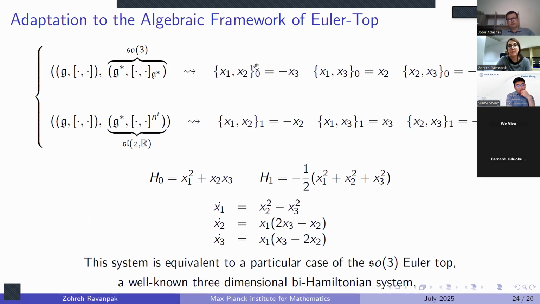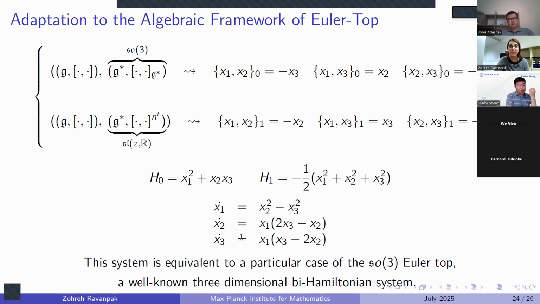So we can consider these two linear Poisson structures associated to SO3 and SL2R on an abelian Lie group. And then with respect to these two Hamiltonian functions, we see that the dynamics defined by these two compatible Poisson structures coincide.